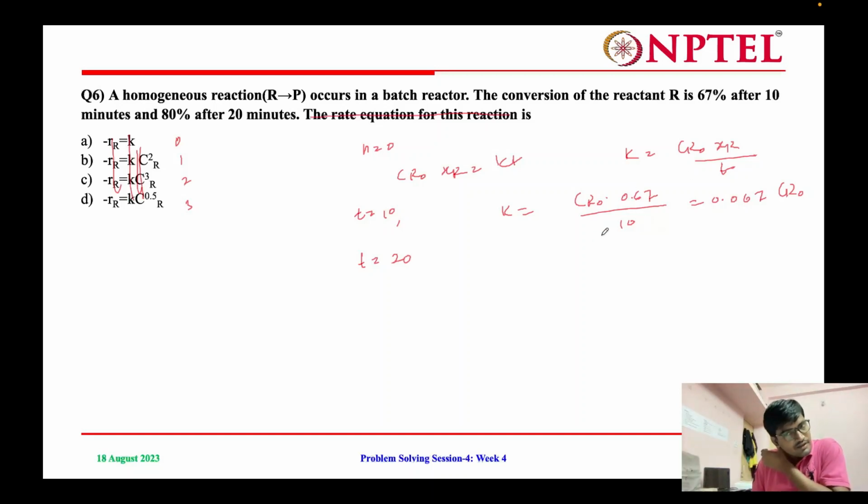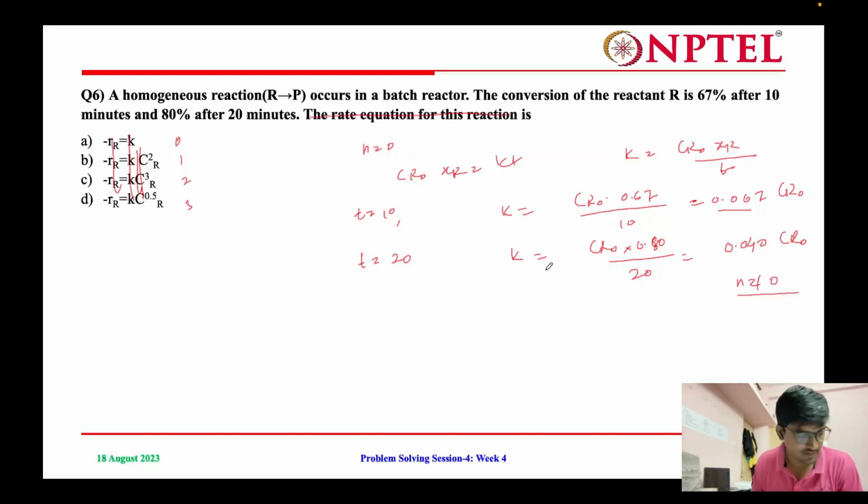If k would be the same as for 10 minutes, then it would be a zero order reaction. So k equals C A naught into 0.80 divided by 20, that is 0.040 C A naught, right? Since k is not a constant, this is not a zero order reaction. Now check for the first order reaction, right?